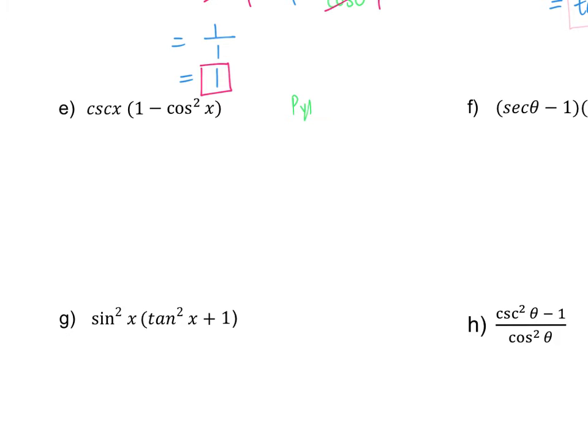So I'm going to write Pythagorean identity, or I'll just write ID here. So sine squared plus cosine squared equals 1. So what I notice is this is 1 minus cosine squared. And the thing is, I can make that happen if I move this cosine over.